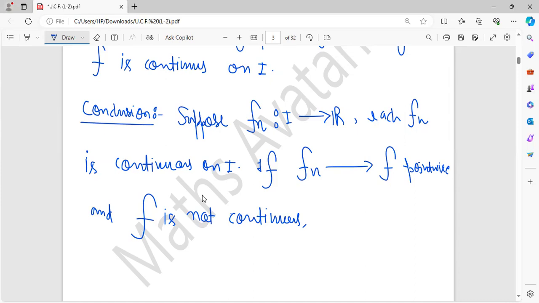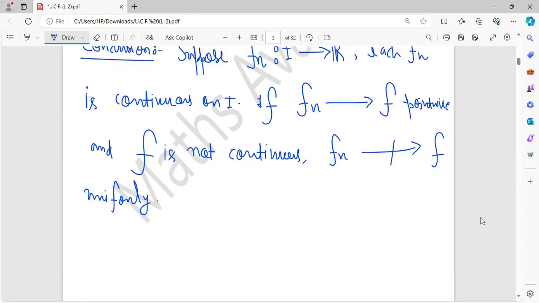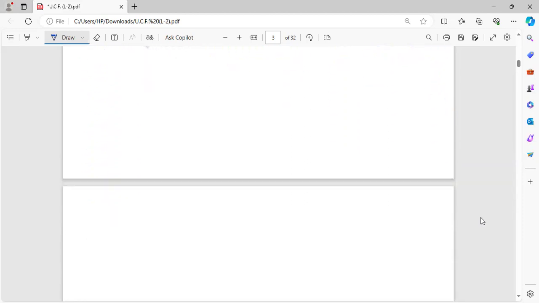Then fn does not converge to f uniformly. Okay. So we are going to apply this theorem for conclusion.